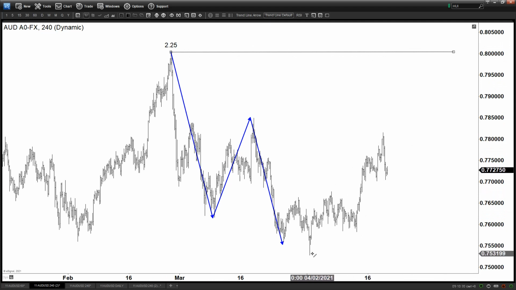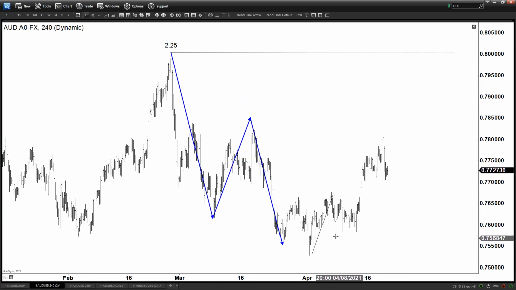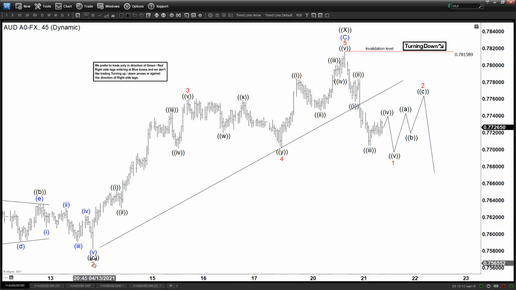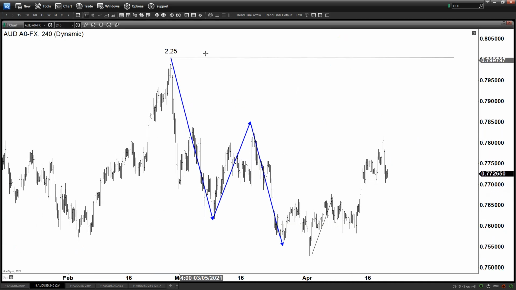But as of now, as long as we stay below this February 25th high, this rally that we see, the 5 waves rally here, 1, 2, 3, 4, 5, is the same as in this red degree here, 1, 2, 3, 4, 5. This is your 2. Not sure why I couldn't copy it.